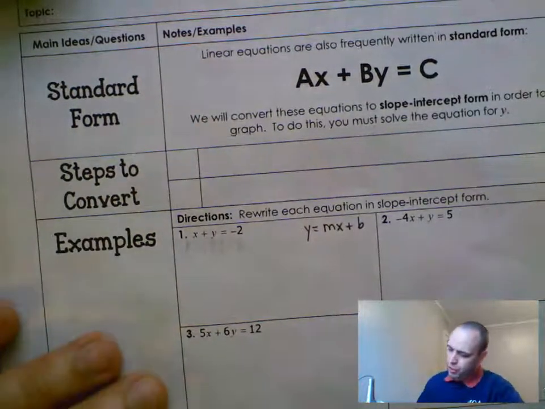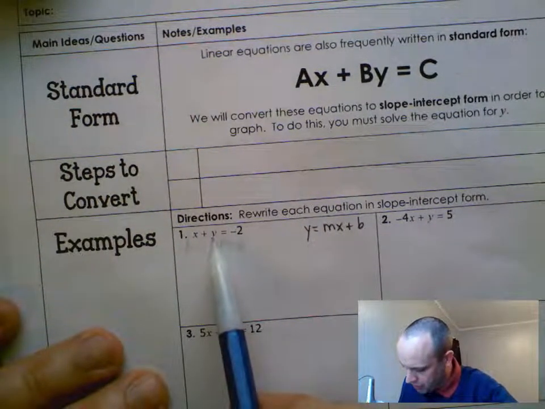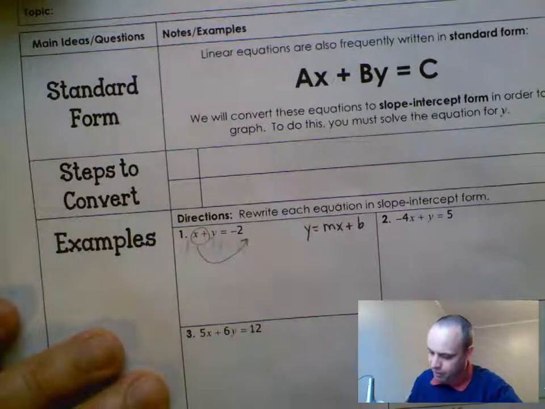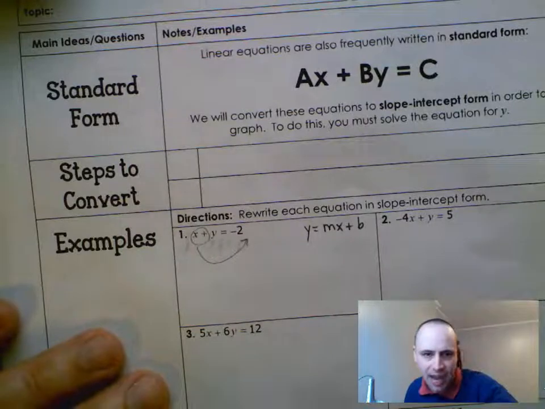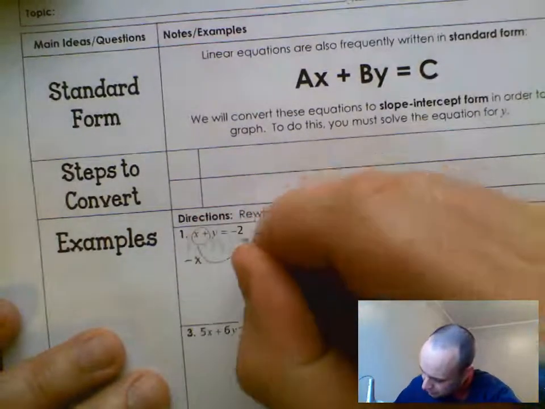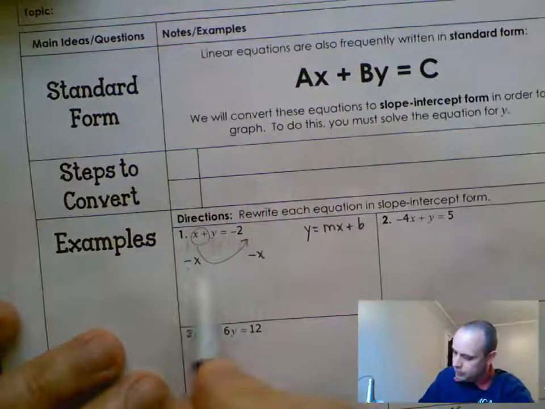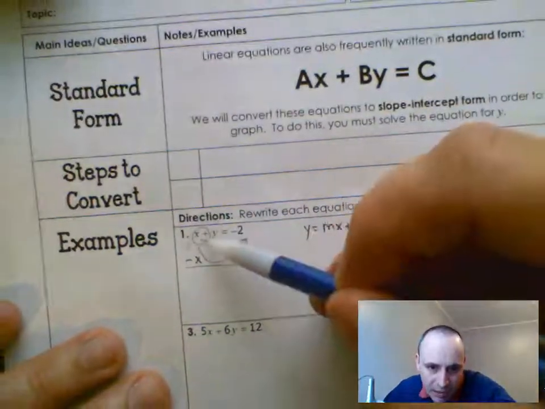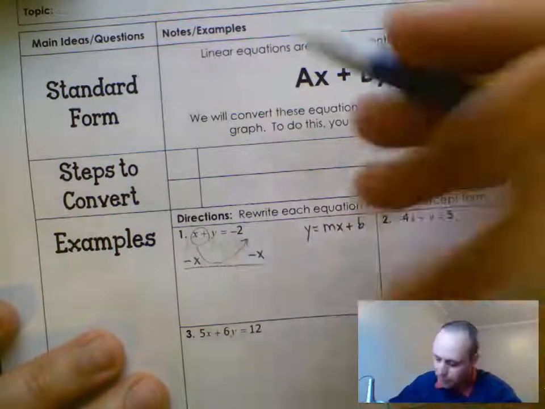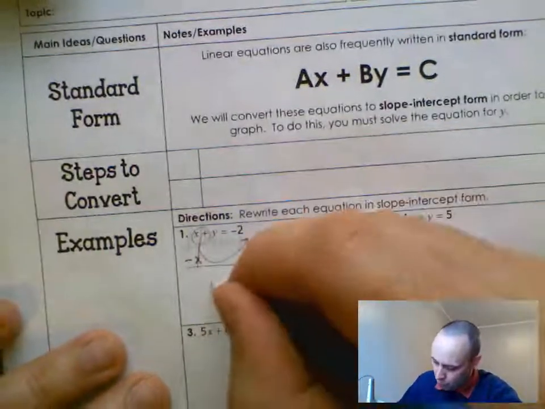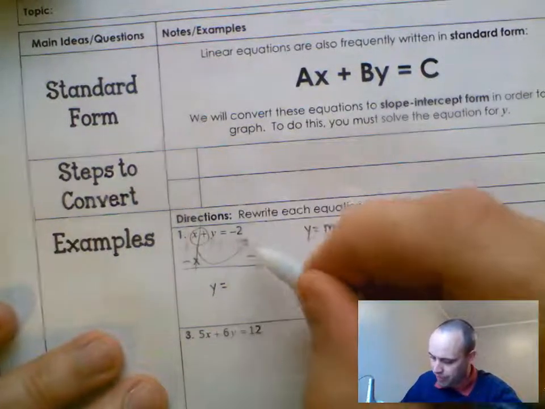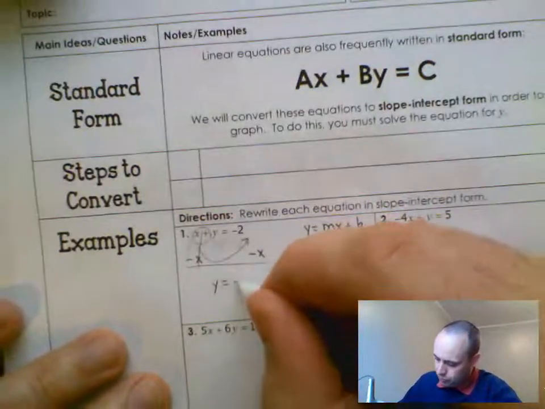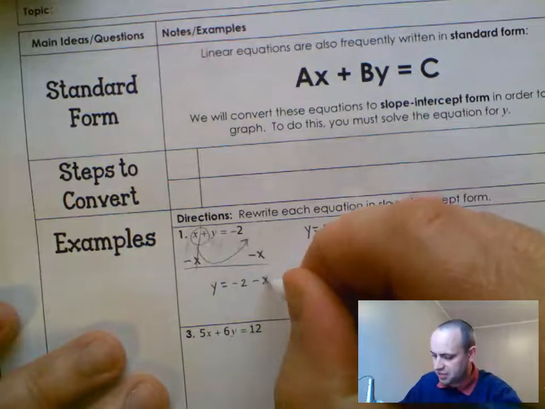We have the y over here, which is good, but we've got to get the x over there. How do we get rid of that x? Subtract an x from both sides. x minus x gives me nothing, so we have y equals -2 minus x.